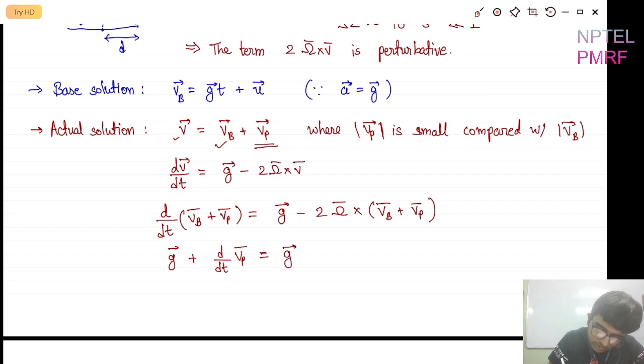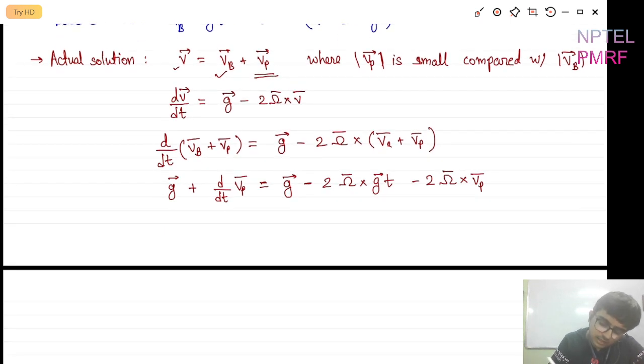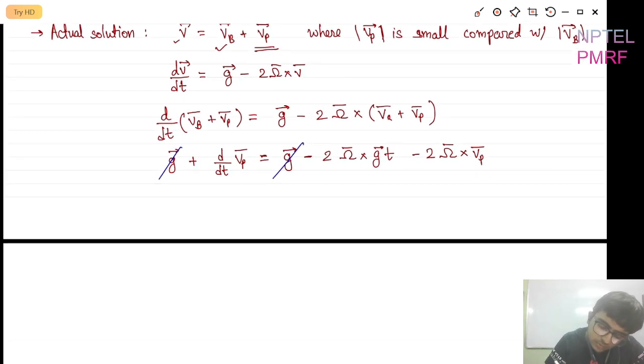This is equal to g minus 2 omega cross vb. I can write vb as gt, and minus 2 omega cross vp. Clearly the g's get cancelled. Now we can make another assumption: since vp and omega are both small, this term is of order omega squared.